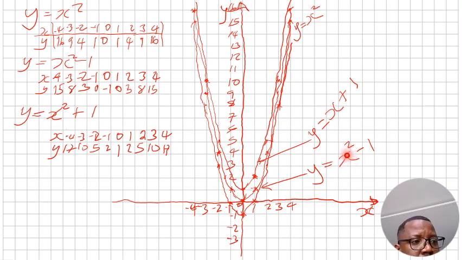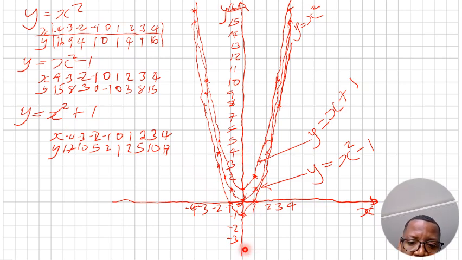Now we look at the plot from the same graph. We see the shapes are almost the same. Sorry, my drawing is not good, but the shapes show the same properties. So the shape is the same, which means subtracting or adding has not changed the shape of the graph.